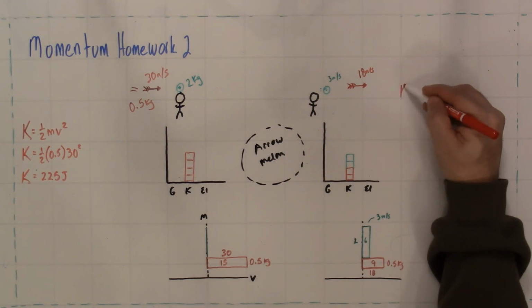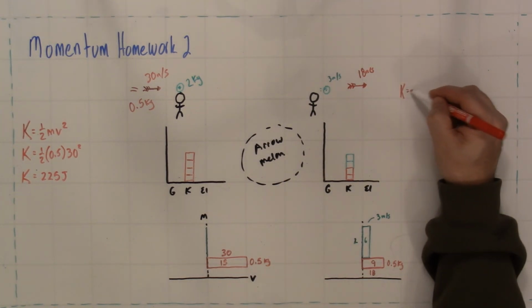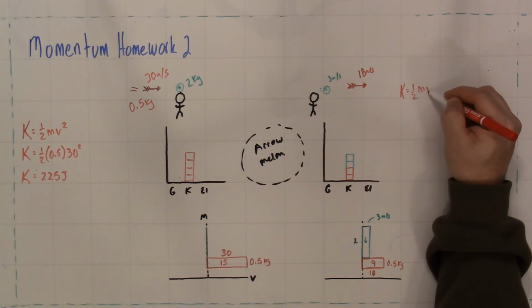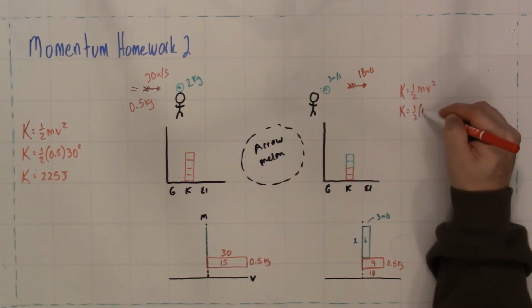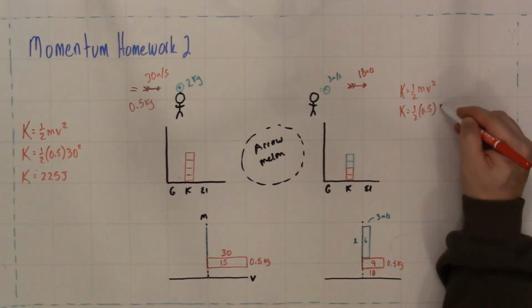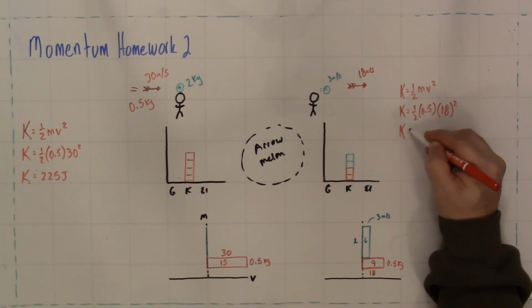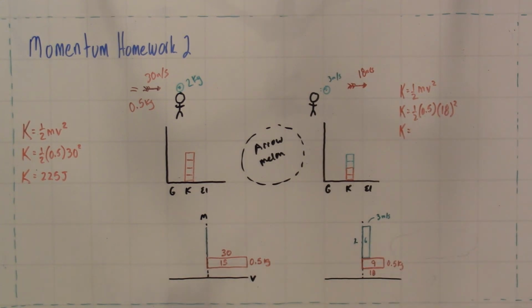So the kinetic energy of the arrow after, again, the mass is 0.5, and this time the speed is 18 squared. Give me a second to calculate that.